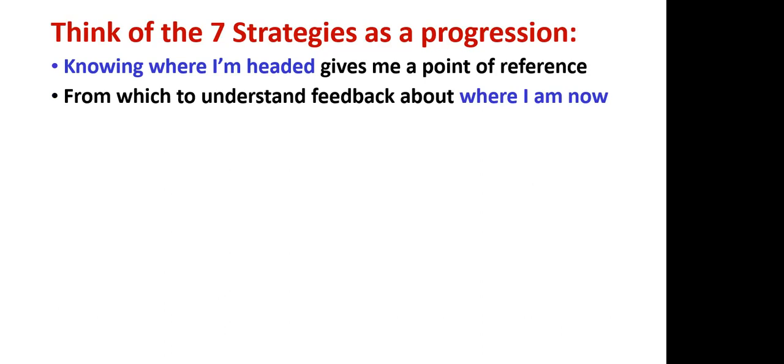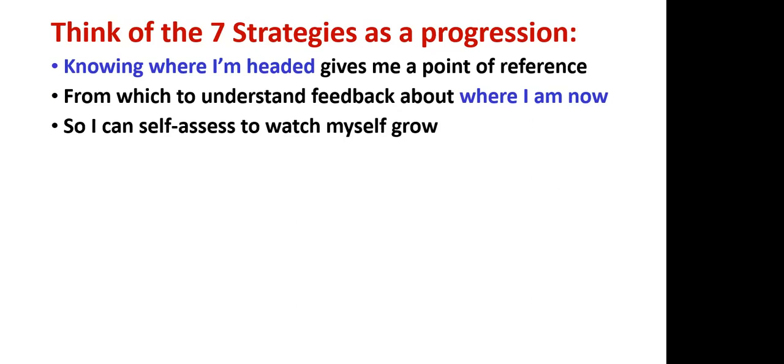And with that in mind, I can begin to understand the feedback that tells me where I am now, not just at one point, but continuously through my progression. Where I am now is changing. And I want to see those changes. So I can self-assess and watch myself grow.